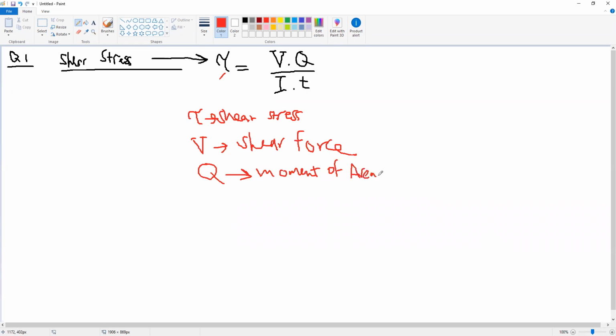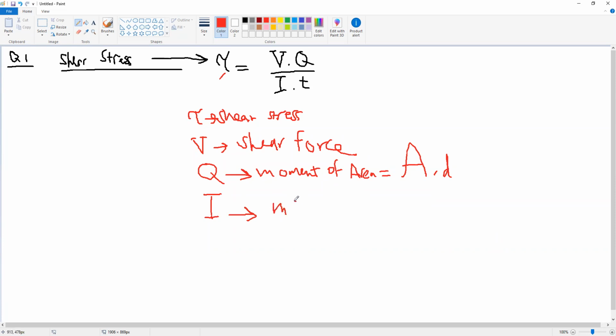Moment of area means the area A times a distance D. I is the second moment of inertia, or moment of inertia, which we calculated last week.